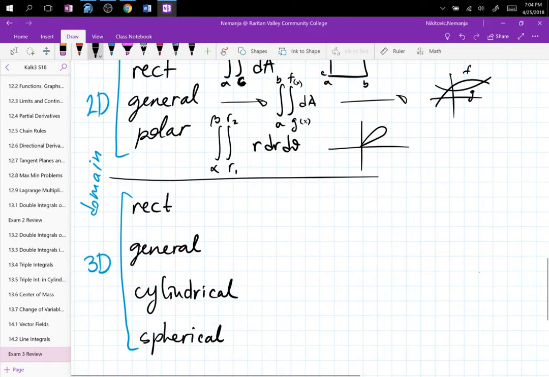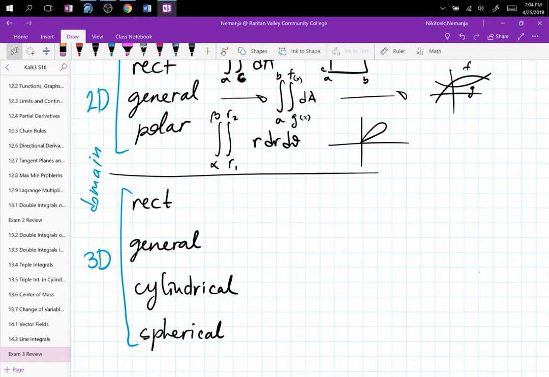Now, what is the same story for a rectangular, general, cylindrical, right, for the 3D? Well, it's the same thing. This would be the triple integral dv with a, b, c, d, e, and f. If you just have numbers around and you have no function, you are calculating the volume of this room.